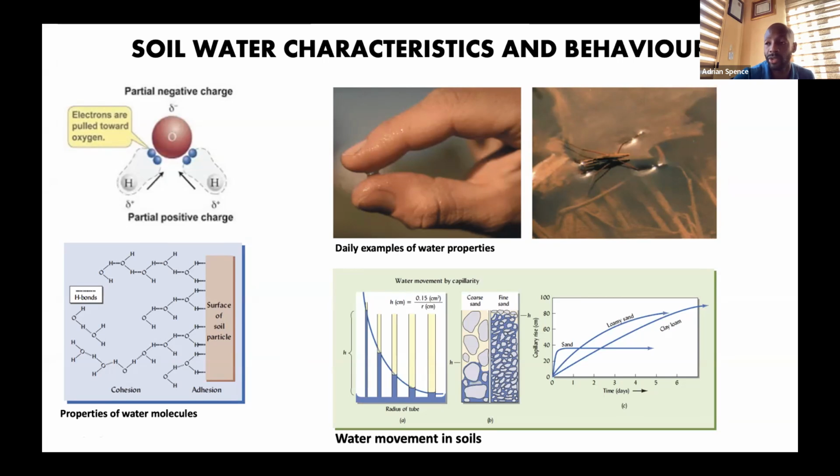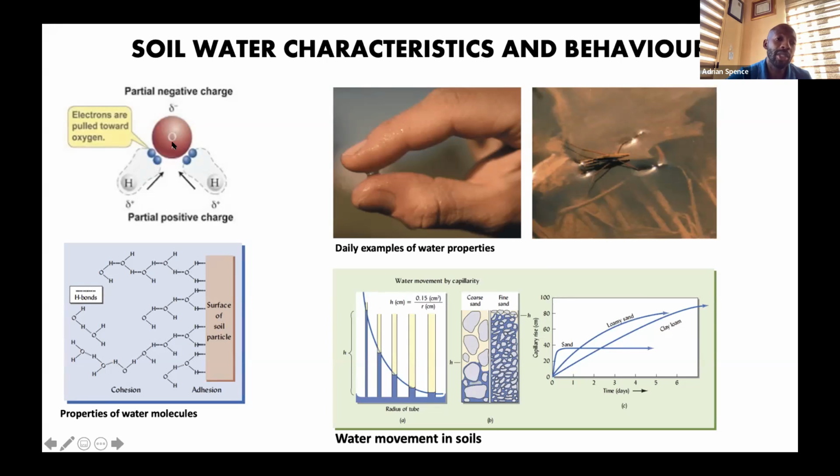And basically electronegativity refers to the propensity of that atom to draw electrons to itself. So the oxygen atom has a higher electronegativity value than that of hydrogen. So it has the propensity to draw these electrons to itself more.